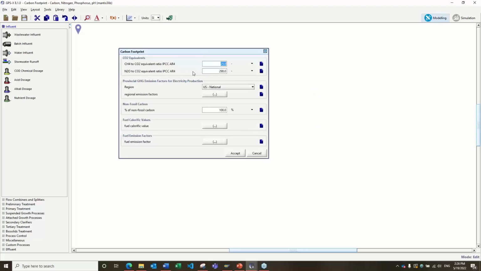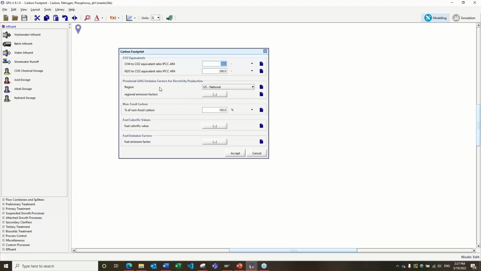Some of the information that we need is what are the CO2 equivalents for methane gas and nitrous oxide. These factors have been taken from IPCC, but depending on the time horizon that you're looking at, sometimes these values are somewhat different. So you can actually come in here and change those values according to your requirement.